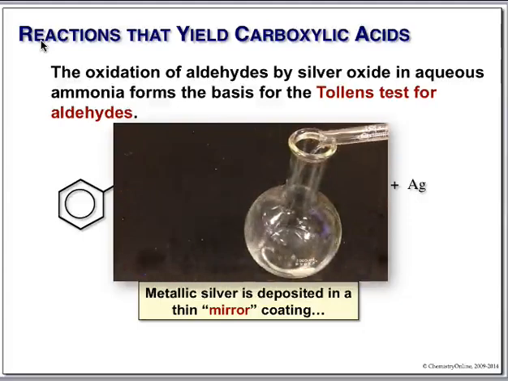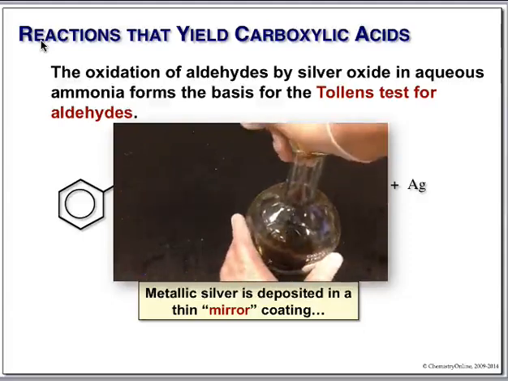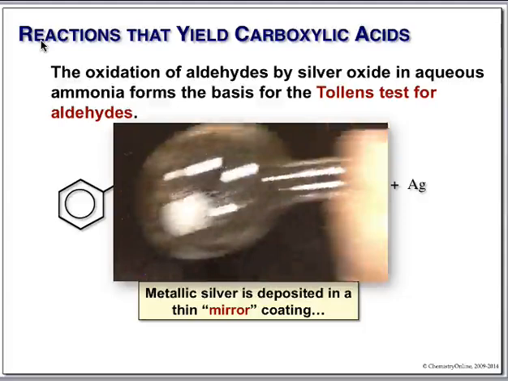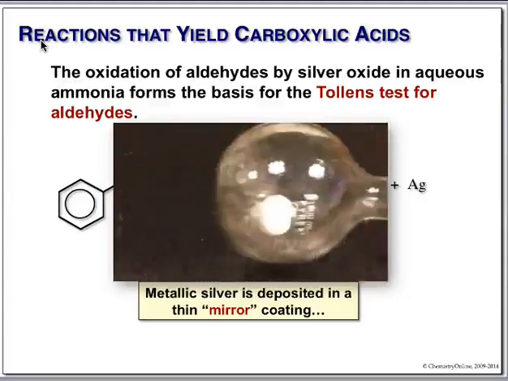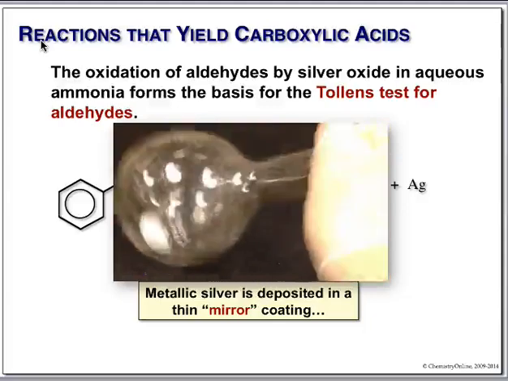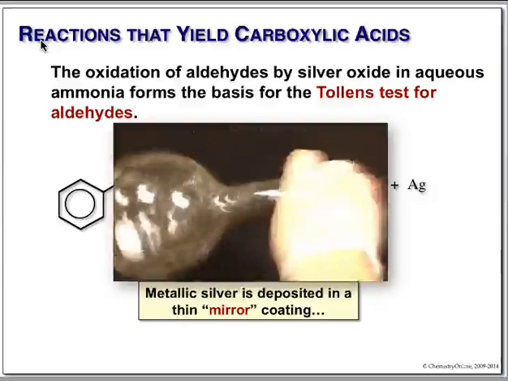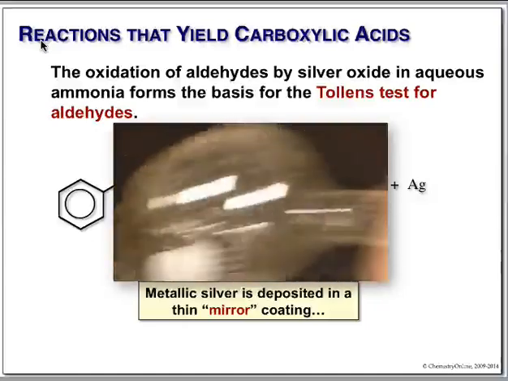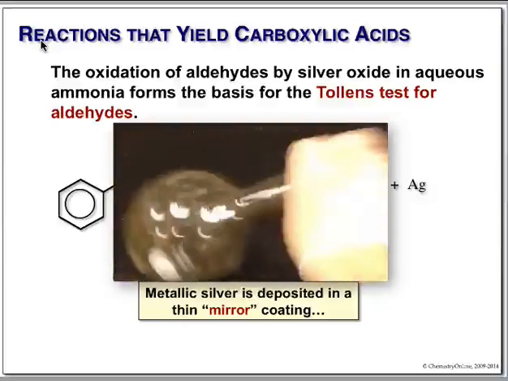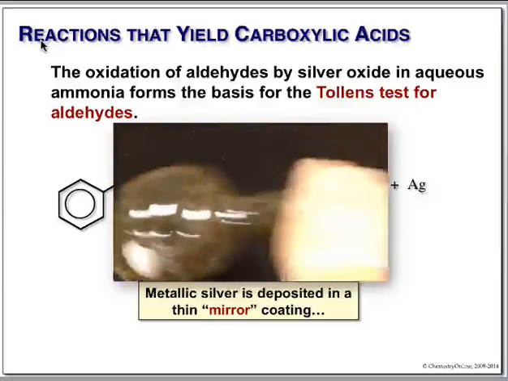And then you add the aldehyde. See it turning a little brown and ugly. Stopper it up. And then you want to shake it. You have to be patient. Yeah, like 20 minutes patient.